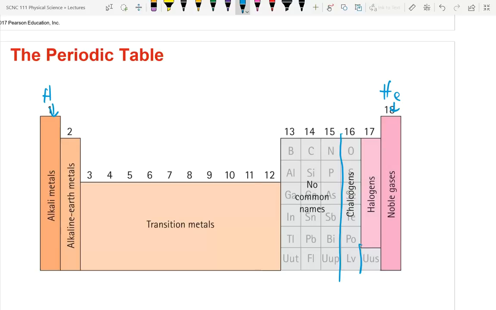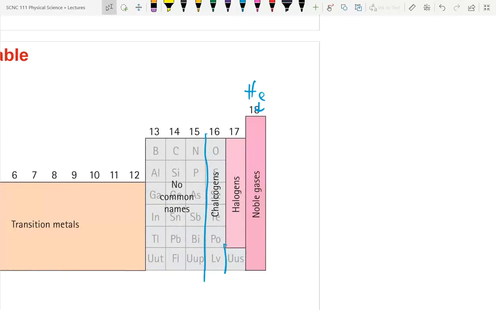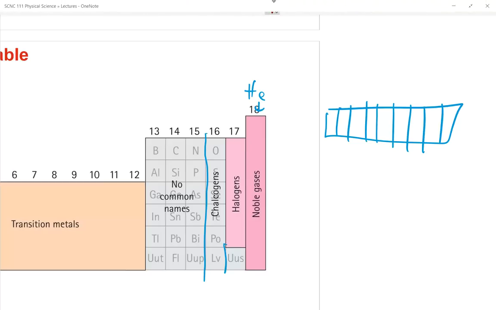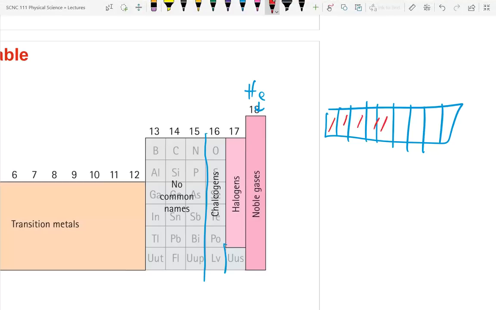From the noble gases, what's special about the noble gases? Noble gases, you have a bunch of spots for electrons, and each one has an electron in it. So the box is filled with electrons.